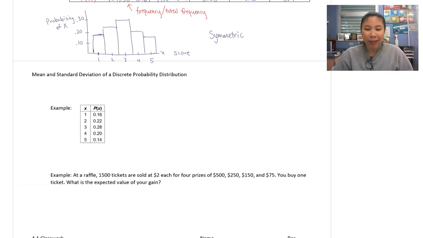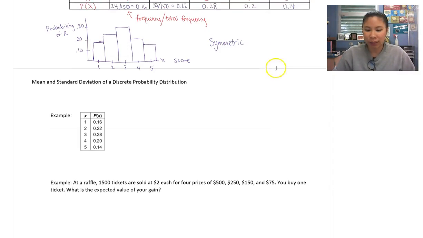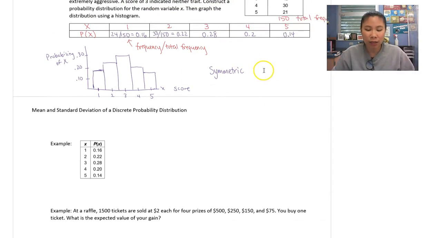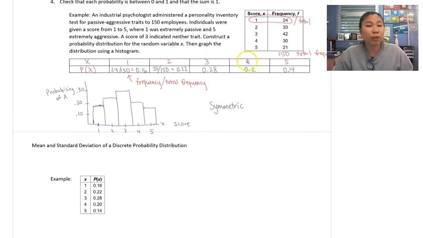All right, so now that we know how to set up a probability distribution, we also want to be able to calculate the mean and the standard deviation for it. Remember, the mean is the average, the standard deviation is how far away each data point is from the mean on average. We want to calculate the mean first. It's basically like saying, for this example about the passive aggressive test, if I had a bunch of people take this test, what would the average be?